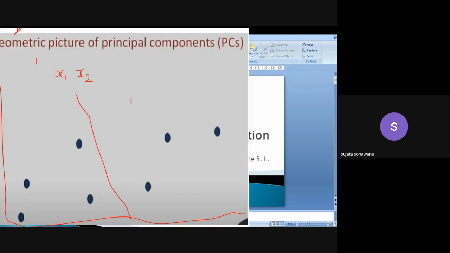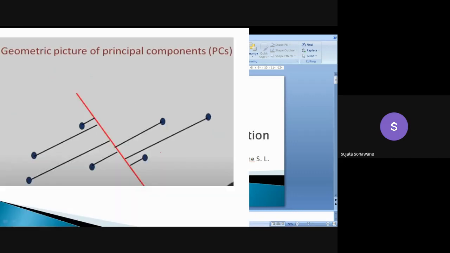When we have this axis, we can project each of these points on these lines like this. Okay, you can see that. So we can project all these points on these lines like this. So you will get such a diagram.